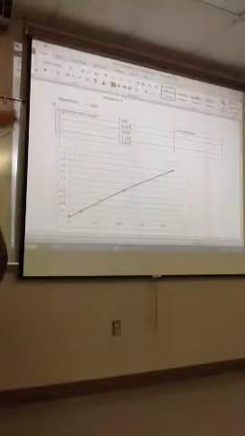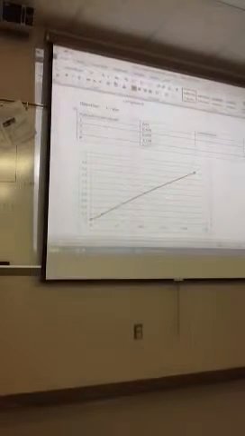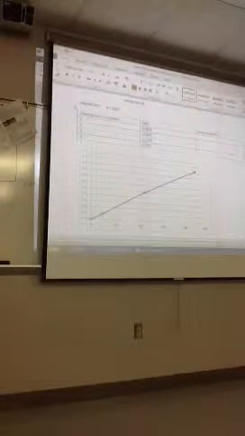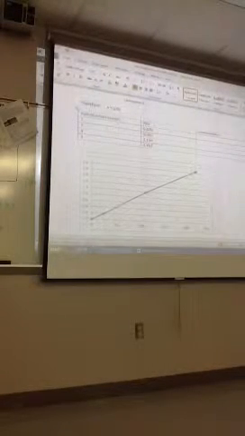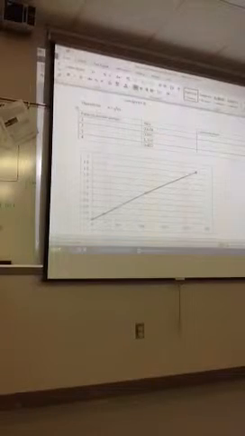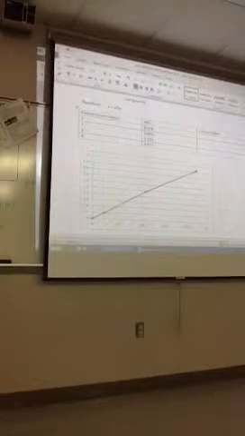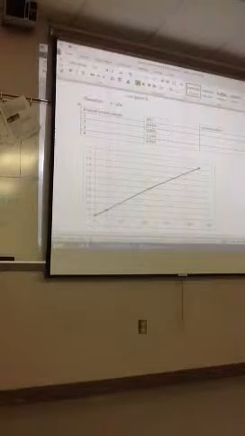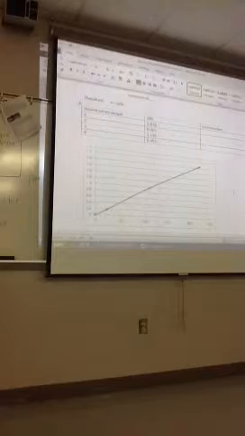Okay, I've got 4 patients here. So patient number 1, if I know that the concentration is equal to the absorbance divided by the slope, then for patient number 1, 0.678, and I would divide that by my slope of 0.0082.